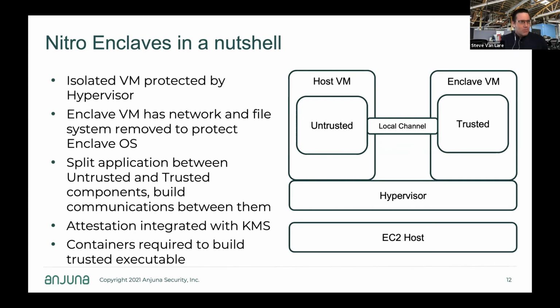Since there's no network subsystem and there's no file subsystem, the programming model is essentially you need to create a private API that's working over the local channel, which is a socket interface. And you need to create APIs for everything your application wants to do, and then put a handler for that out in the host VM that has access to that local channel.